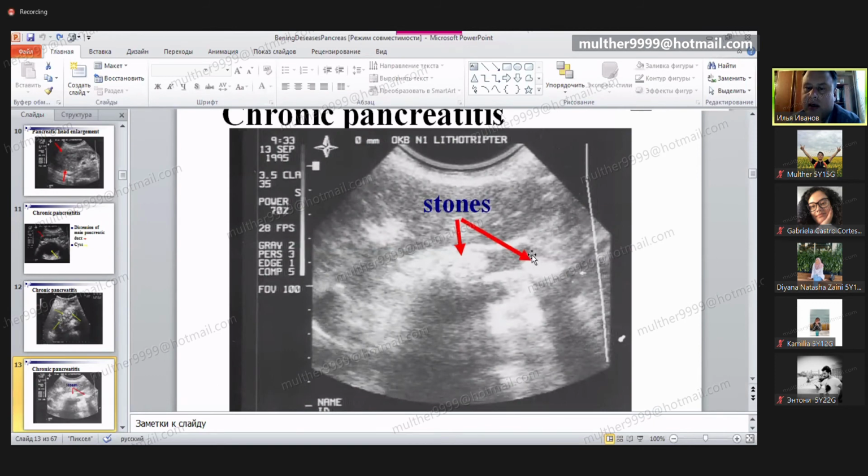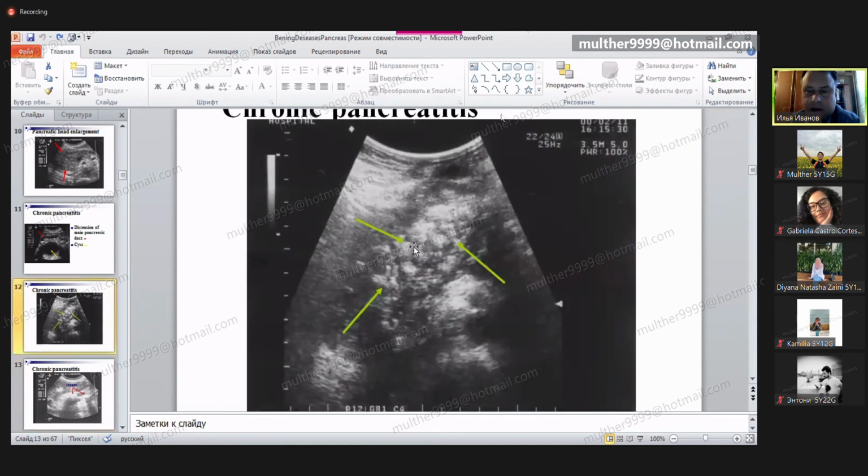It's the intraluminal stones in the lumen of the main pancreatic duct with the presence of the shadow. Absence of the shadow with this highly echogenic white object is the information about the calcification.